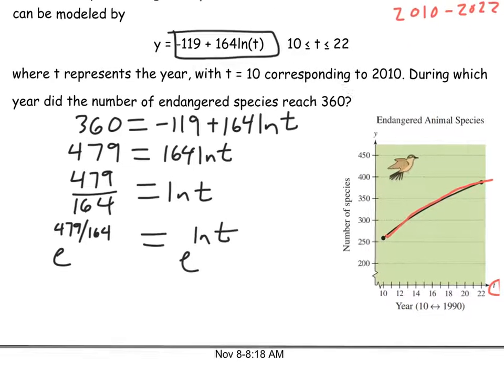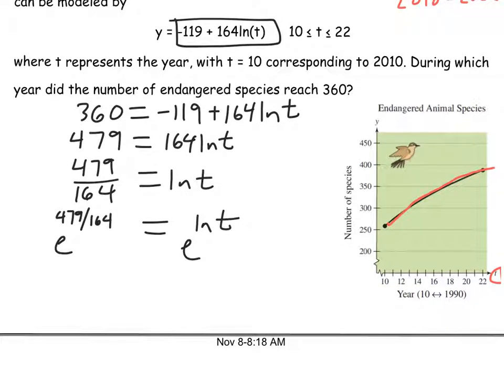Notice on the right side, nothing but natural log of t. Now we're right where we need to be. There's t. And it leaves us at a point where we need to go over to our calculator and evaluate e to the 479 over 164th power.